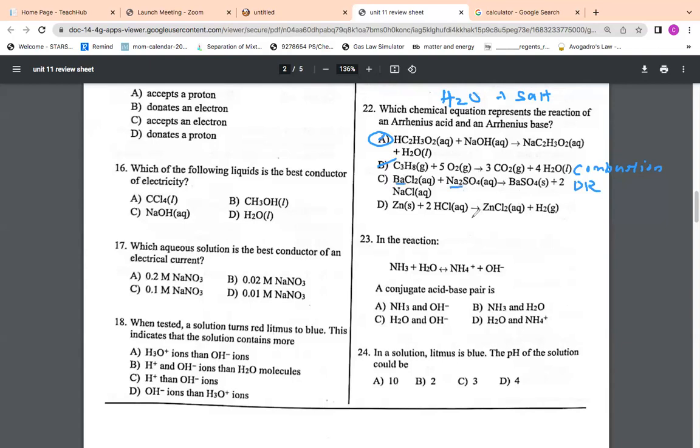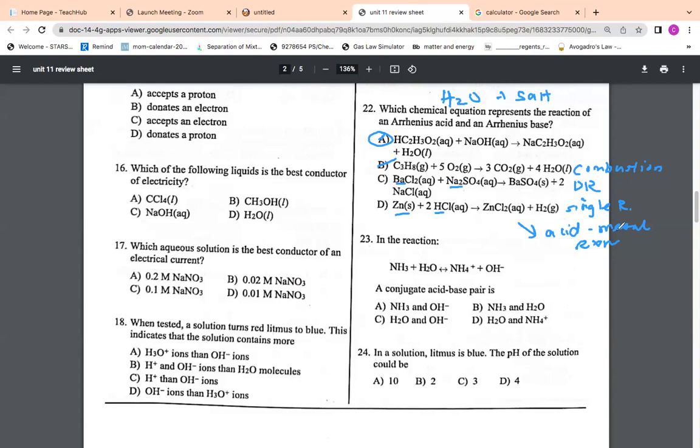Our two metals are swapping places. And D, we have zinc booting out the hydrogen. The hydrogen is all by itself over here, and we end up with a different salt. This is a single replacement reaction, but as we recently learned, it can also be classified as something else. This can also be called an acid-metal reaction. This is the other common reaction that we'll see with acids.